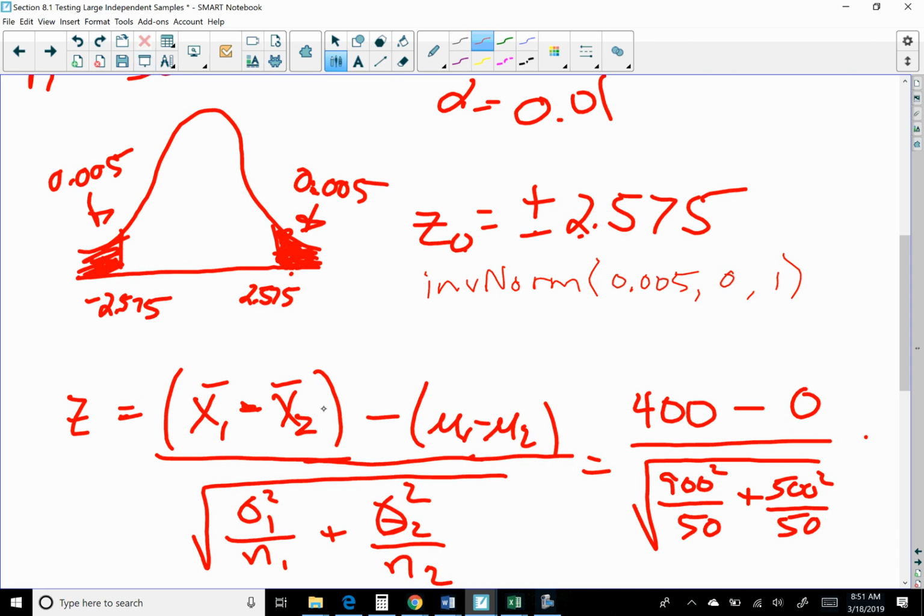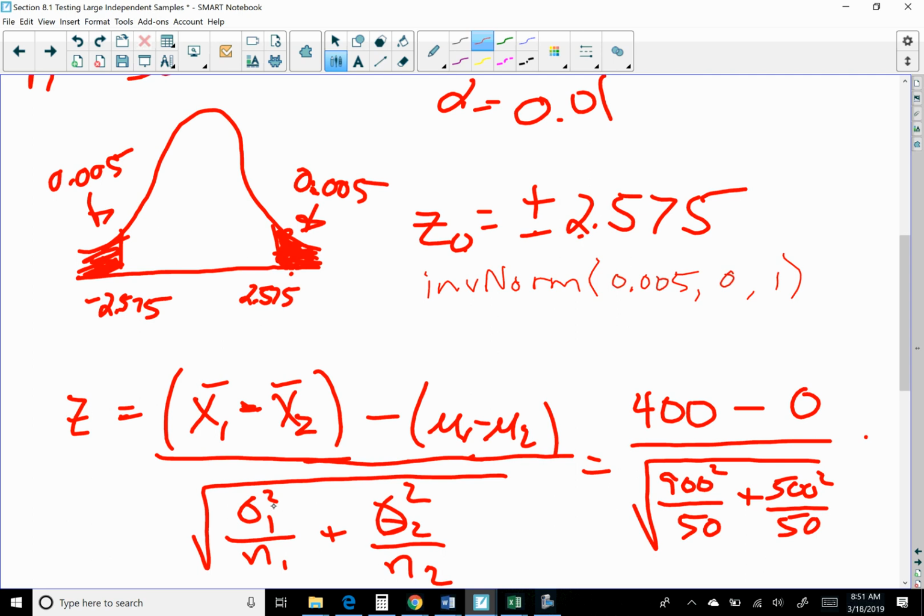And then we need to calculate our standardized test statistic. Remember, your test statistic is sample mean from population 1 minus the sample mean from population 2, minus our null hypothesis, mu1 minus mu2, and we assume that that is 0 because we always assume that the null is correct while we're doing the test. And if they are equal, they are 0.